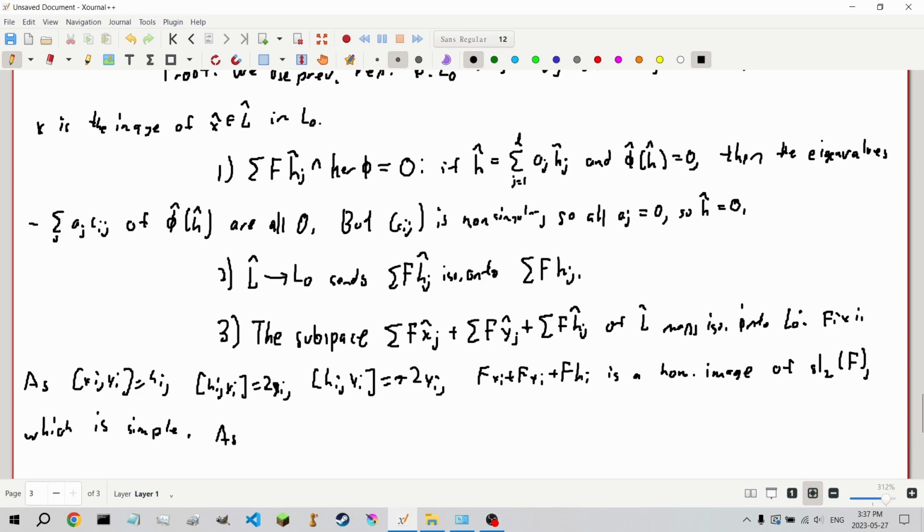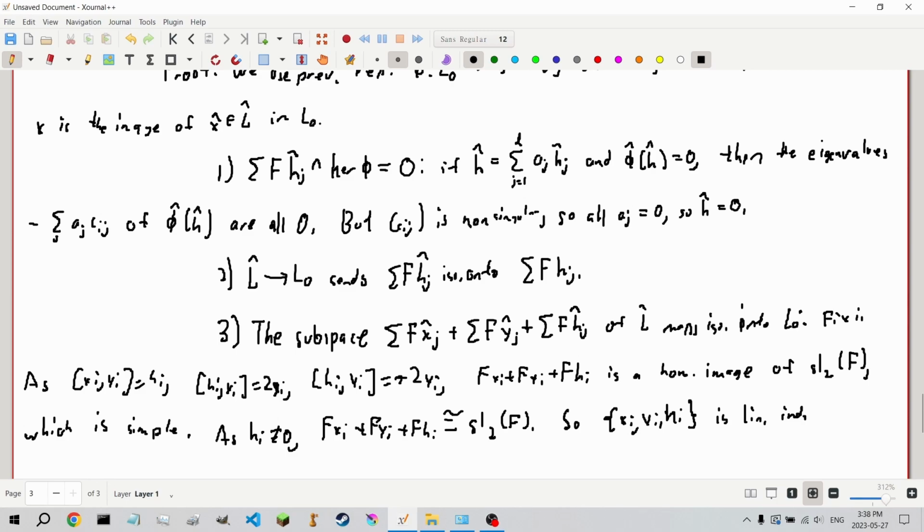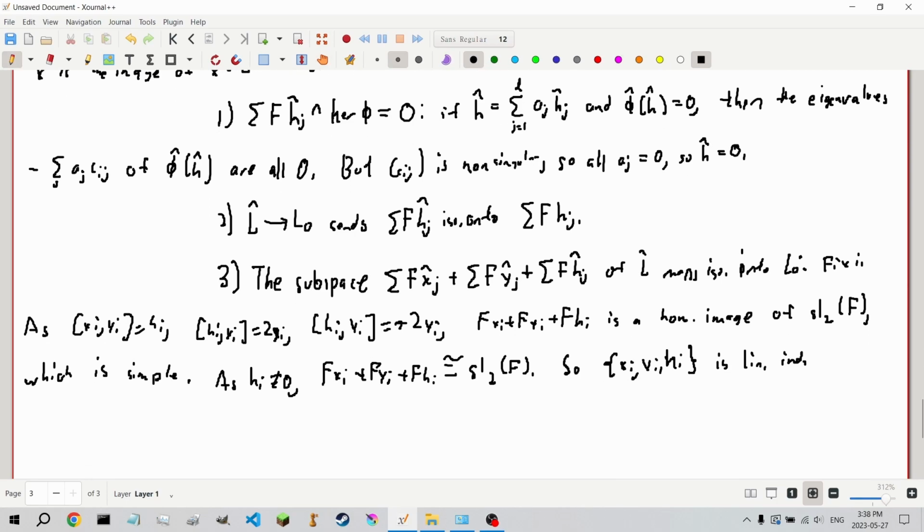As we saw in step 2, h_i is non-zero. So Fx_i plus Fy_i plus Fh_i is isomorphic to SL2 of F, so the set of x_i, y_i, h_i is linearly independent.